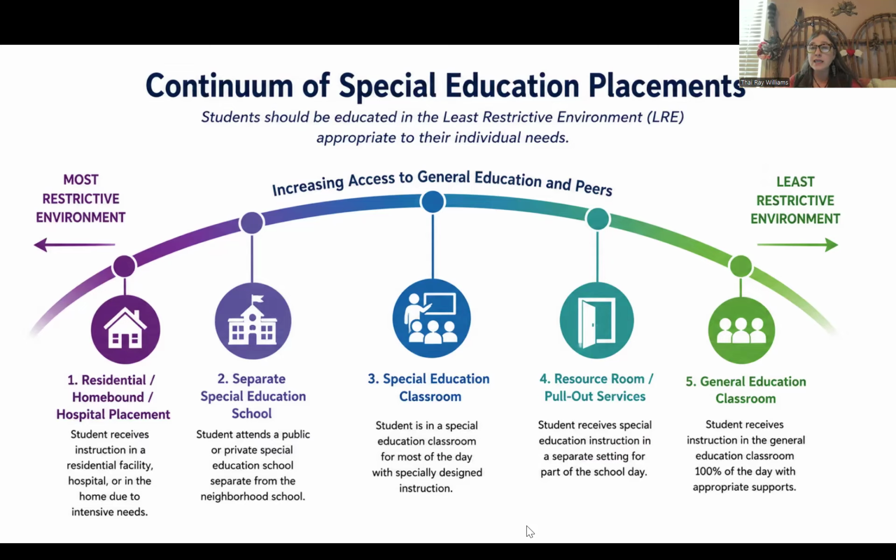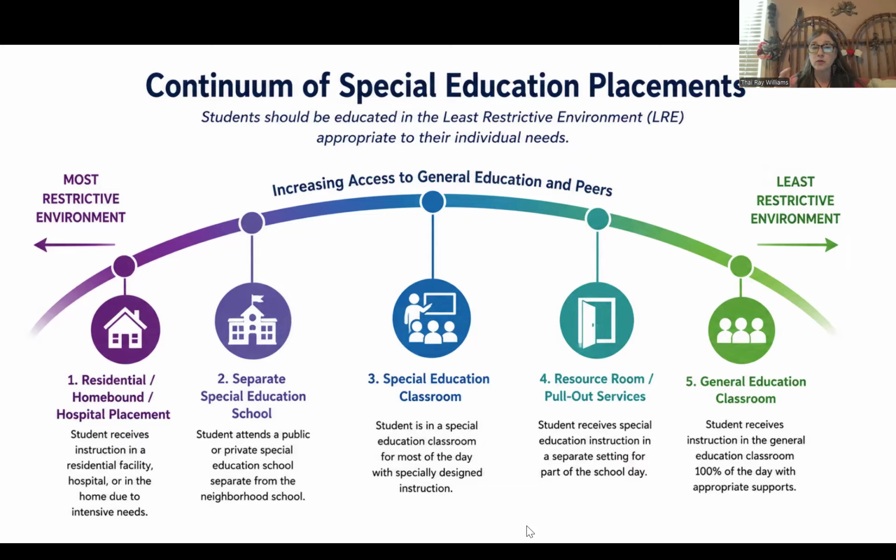And finally, the least restrictive environment of all, in general terms, would be students receiving instruction in the general education classroom 100% of the day, but you're providing them with the supports they need to be successful in that setting, in that curriculum, and with their non-disabled peers. But again, I want you to remember that the least restrictive environment is based on the student's needs.